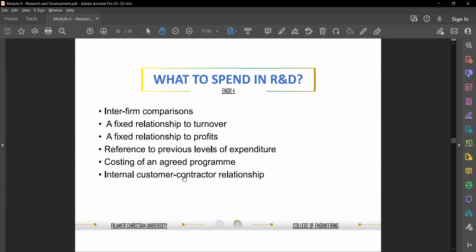And of course, because they have that research material, so hindi na nila kailangan mag-research pa ng bago. Ayan. Then costing of an agreed program. And internal customer-contractor relationship. Ayan. So meron silang mga specific contractors for that program.